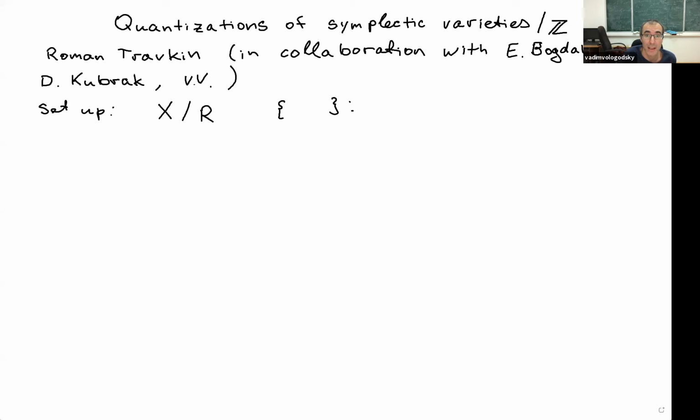So X is a Poisson scheme. This is the Lie bracket on functions, which has the property that the commutator is a derivation with respect to the usual multiplication on X.